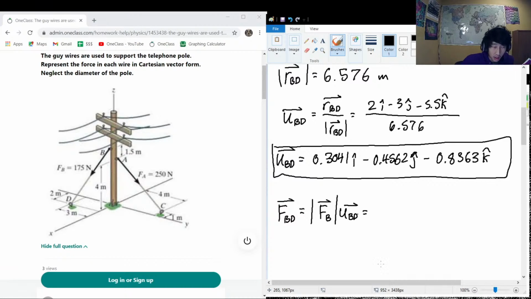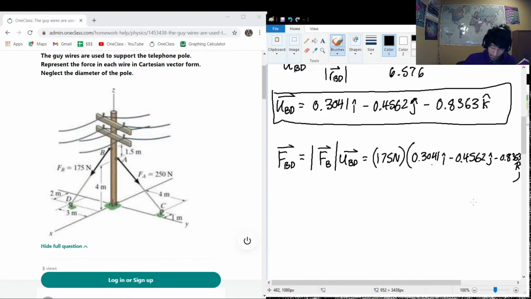So that's going to be, reading from the diagram, the force magnitude in B is going to be 175 newtons multiplied by 0.3041 I minus 0.4562 J minus 0.8363 K. Okay, so doing these calculations super fast. FBD, whoops, not BB, BD.